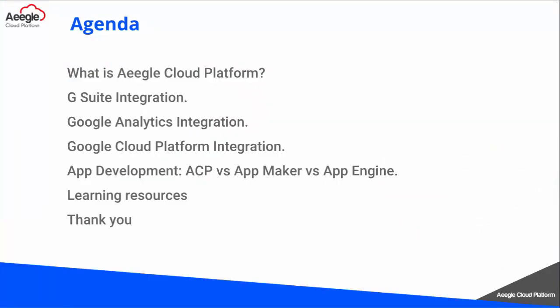So we have an agenda today that covers these topics. The first one is what is Aeegle Cloud Platform. Then we will talk about the G Suite integration in ACP, Google Analytics integration, then the Google Cloud Platform integration, and then there is a small comparison chart for these solutions for app development, and those are ACP versus App Maker versus App Engine.